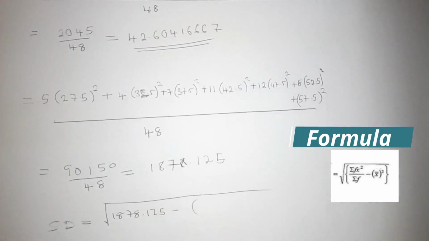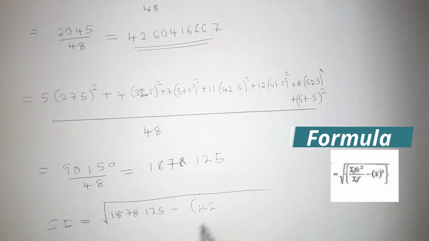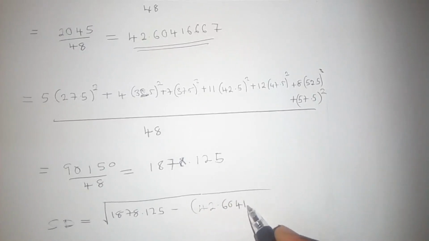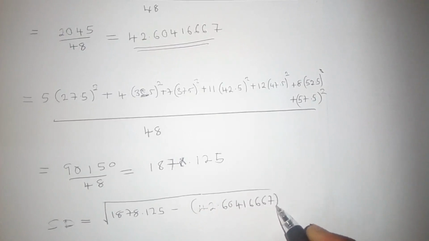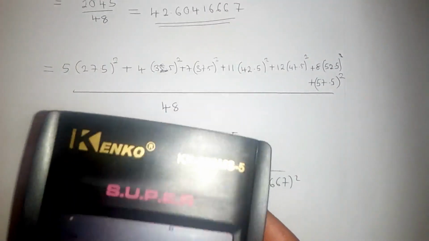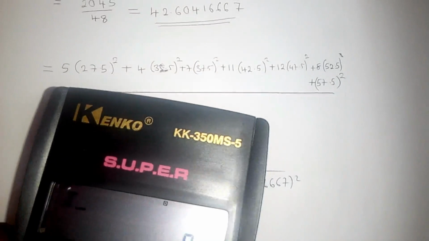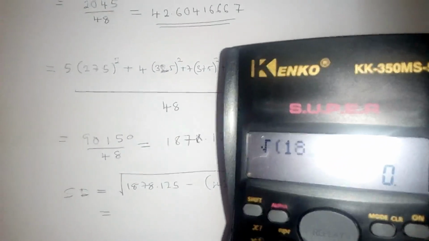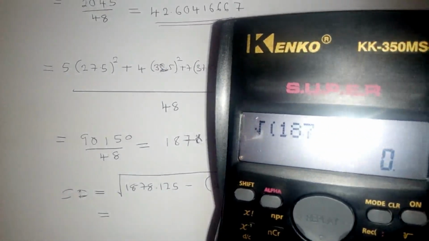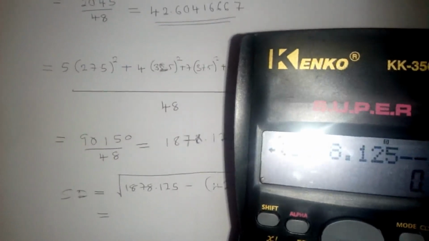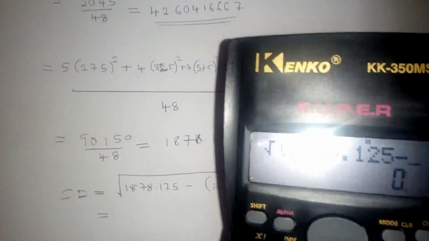So what is our mean? Our mean, we found 42.604166667 squared. And when you punch on your calculator, you can put square root, you open bracket, and then copy the first, which is 1878.125, minus, open bracket.